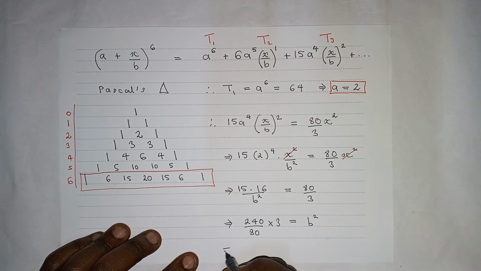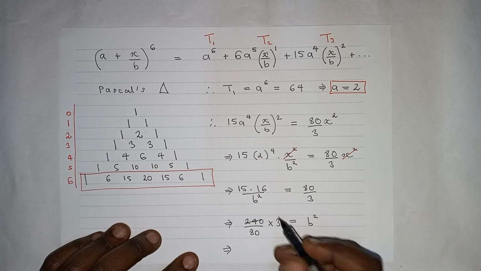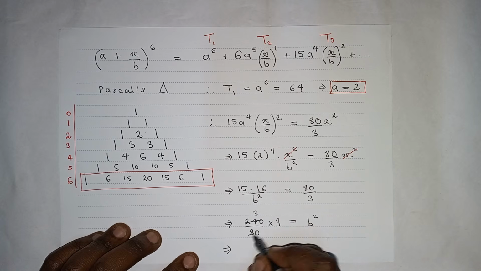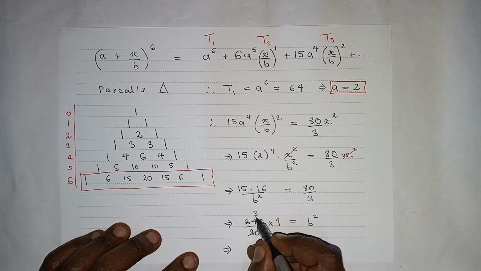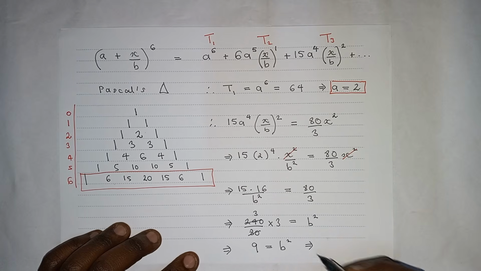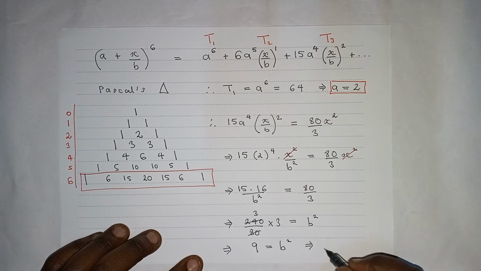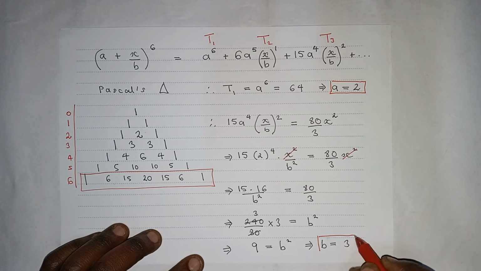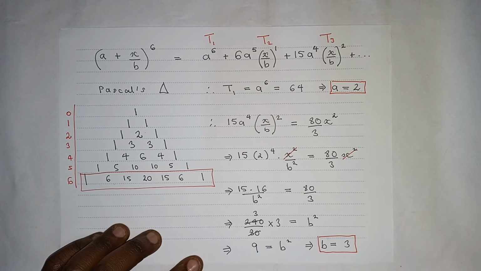We can simplify this further by dividing that into there. 80 goes into there exactly 3 times. And if we multiply this one and this one, we're going to get 9. So 9 is equal to b squared. And if we take the square root on both sides, we find that b is equal to 3. So b is equal to 3.